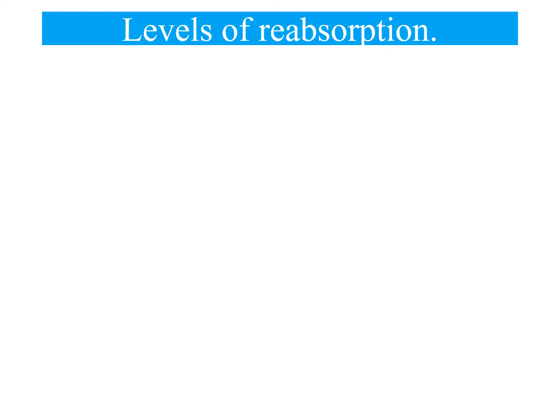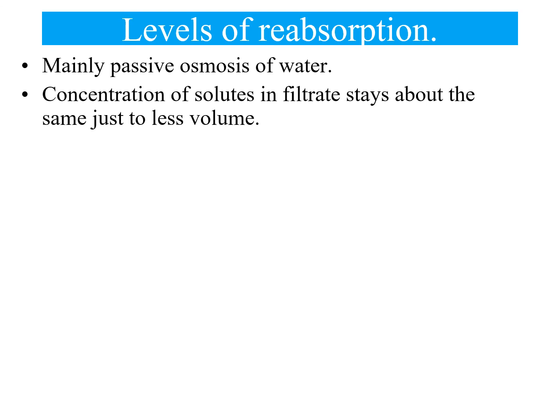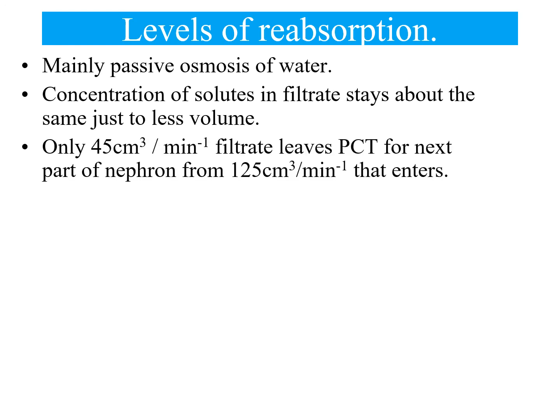So in terms of what then gets reabsorbed, well, mainly passive osmosis. The water is the main thing that's happening. The concentration of solutes in the filtrate stays just about the same because you lower the volume. Only about 45 centimeters cubed per minute leaves the proximal convoluted tubule to the next part of the nephron, which we'll look at next lesson, called the loop of Henle.